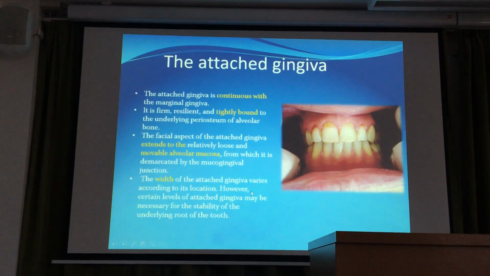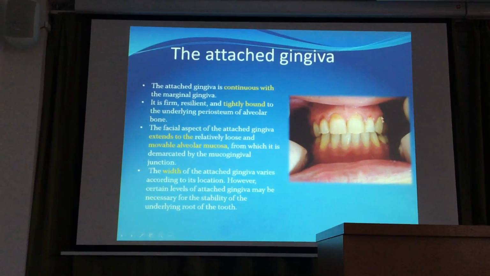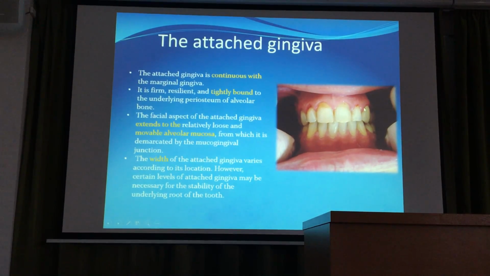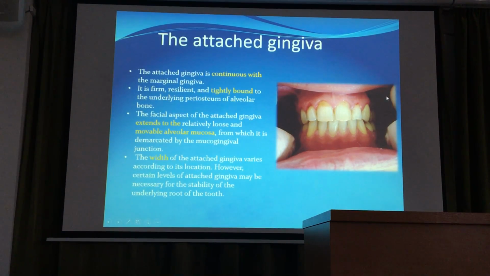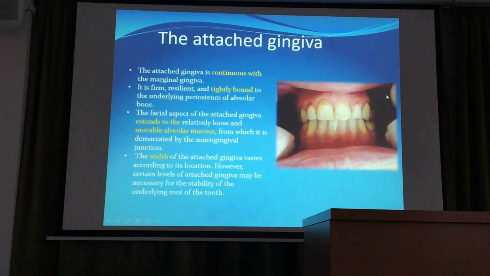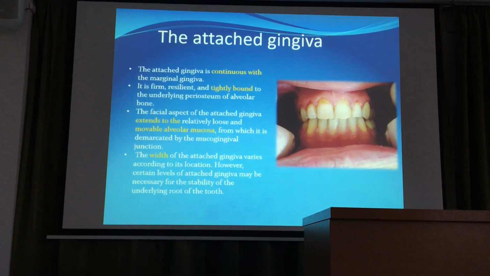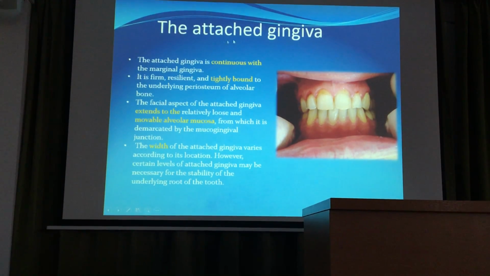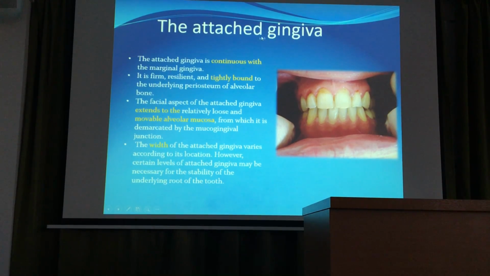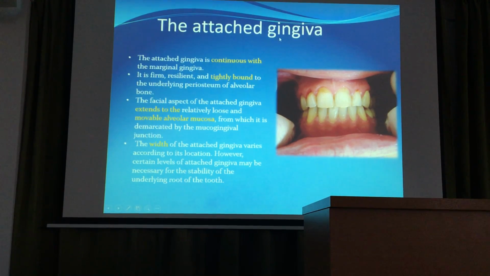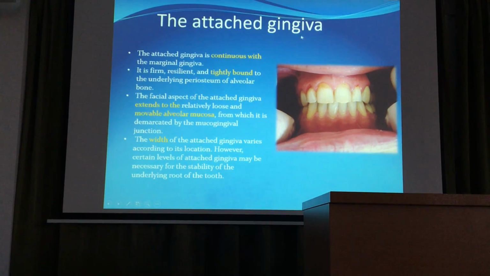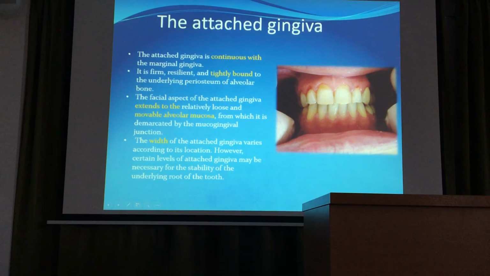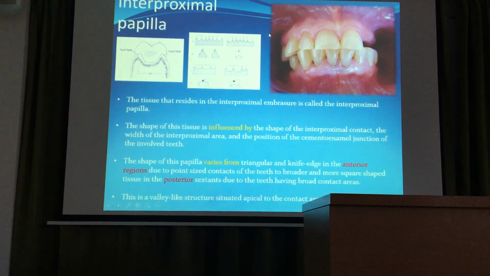It can be reduced in the premolar area, and it can grow larger again in the molar region as well. It's very important because it helps the periodontal tissue to withstand too much chewing force. So the attached gingiva is a very useful part of the periodontal tissue.